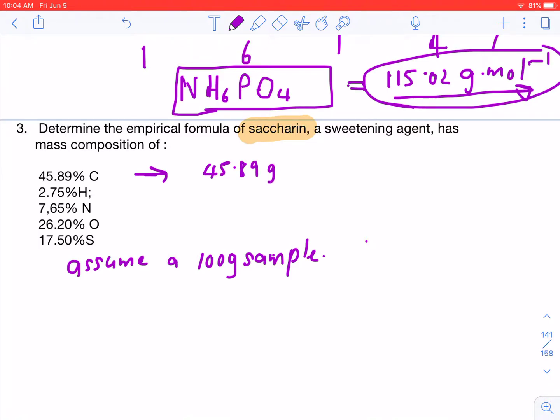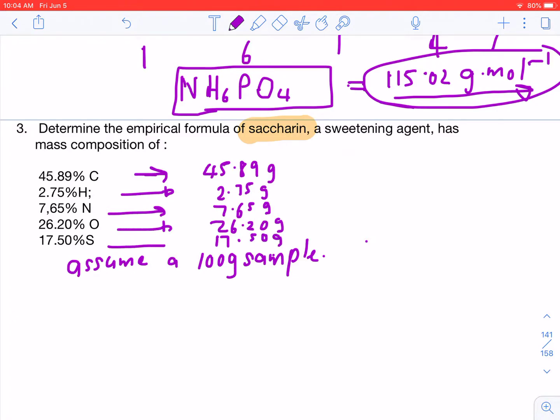45.89 grams. That would be 2.75 grams. This would be 7.65 grams. That would be 26.20 grams, and that would be 17.50 grams.